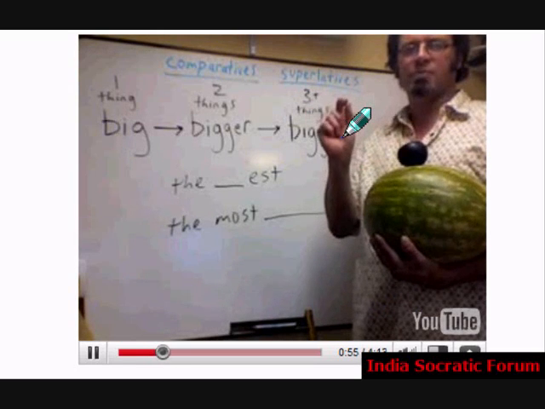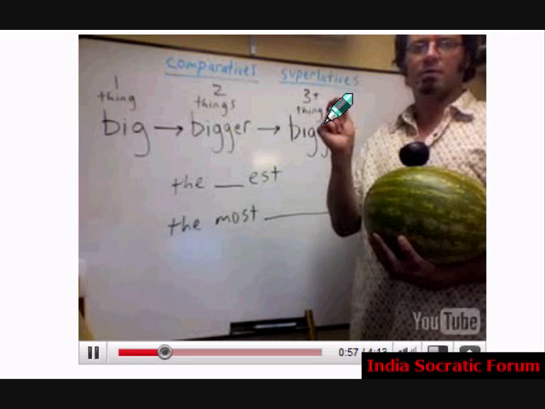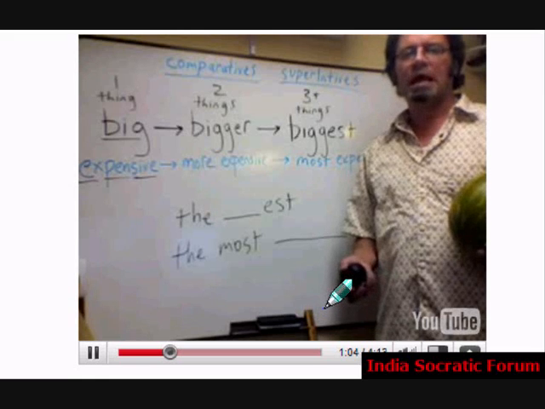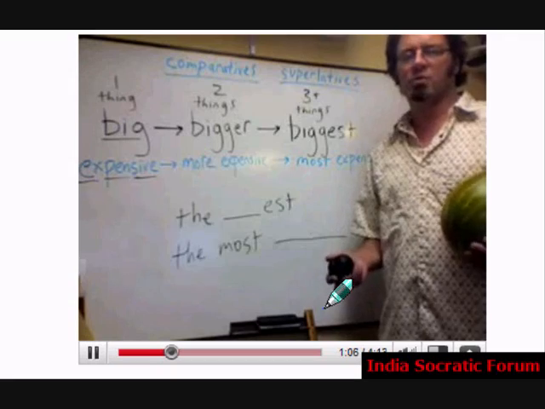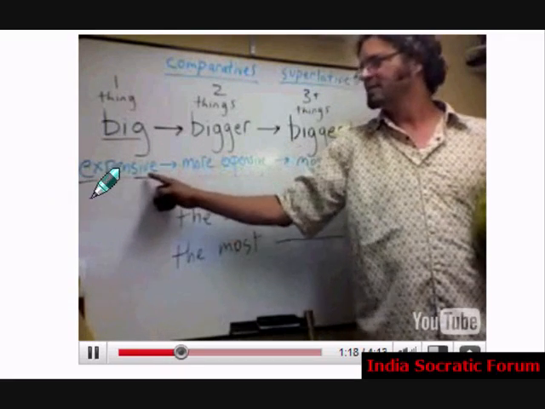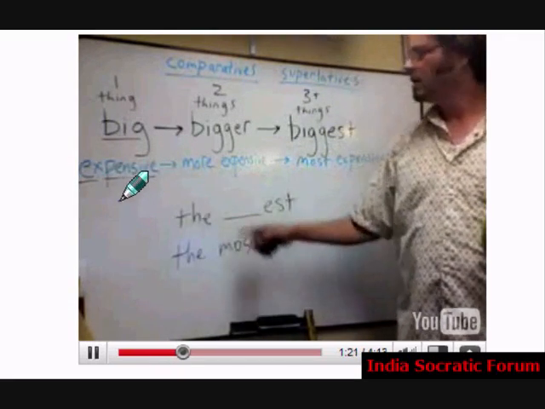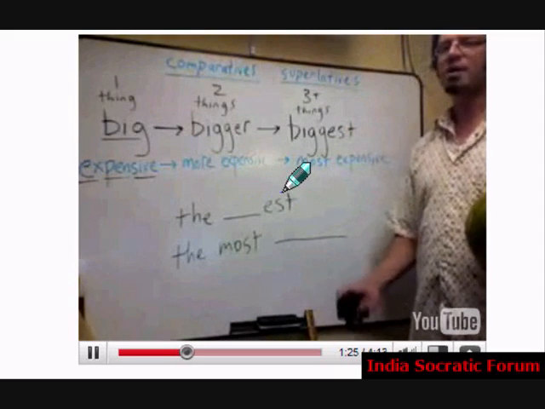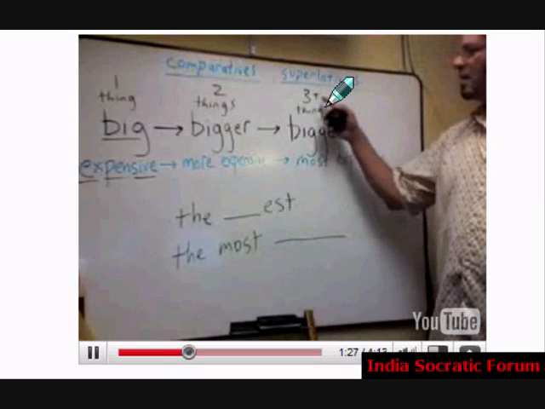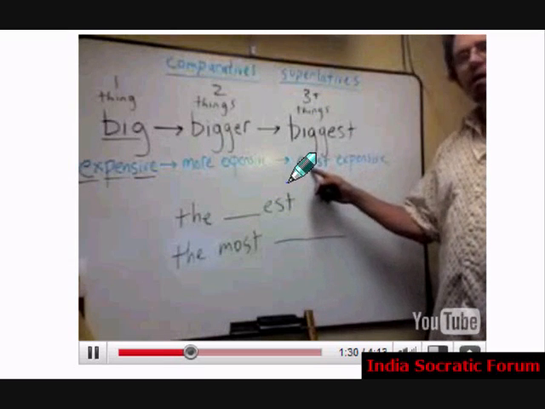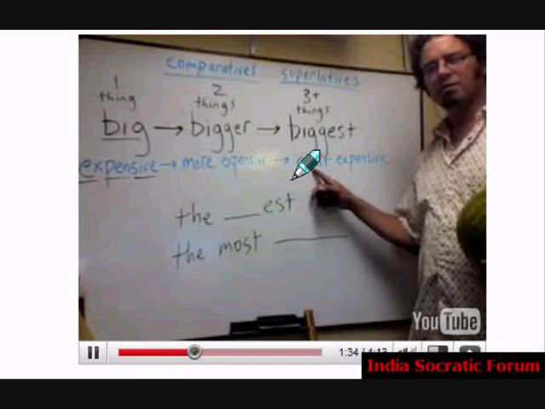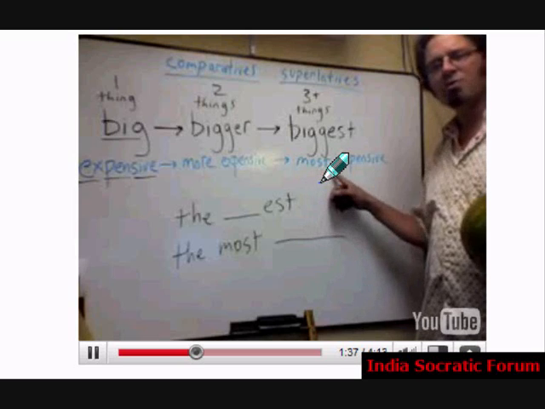The grape is the smallest among the 3 things he has. For superlative adjectives with 2 syllables or longer, we use more. So for expensive, there are 3 syllables, right? So we use more expensive, or otherwise, in case of superlative form, we use most expensive with the word most.